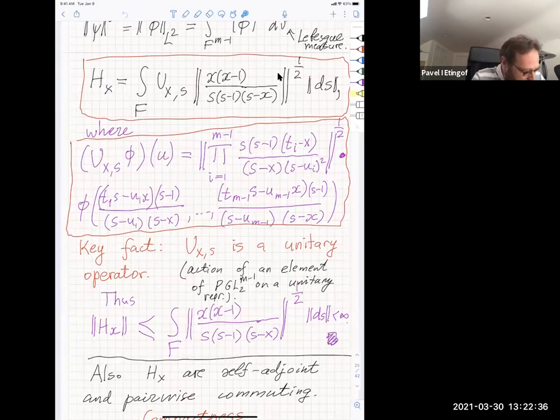But the best strategy of proof is to take a power of this operator, big enough so that it is Hilbert-Schmidt, and then show that it is Hilbert-Schmidt, deduce that it is compact, and then say that if you have a bounded operator whose power is compact, then the operator itself is also compact.